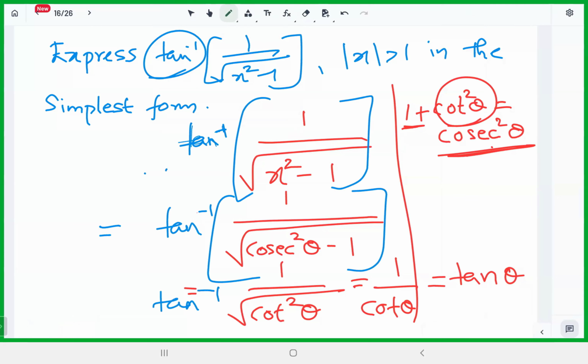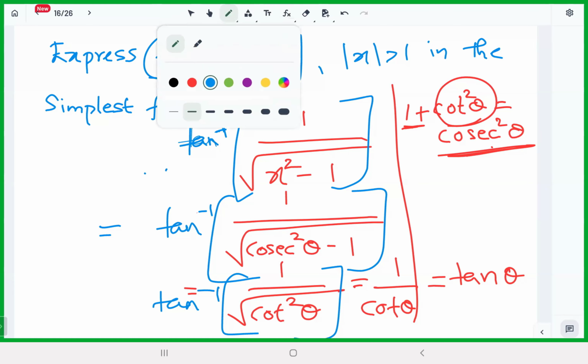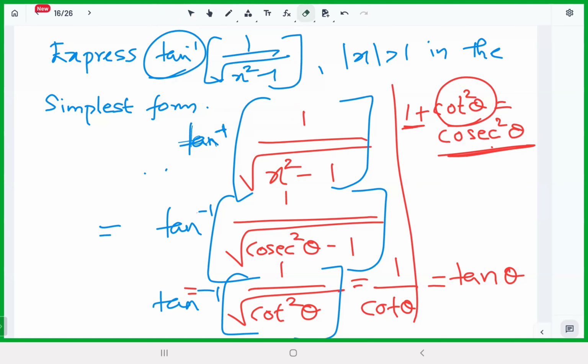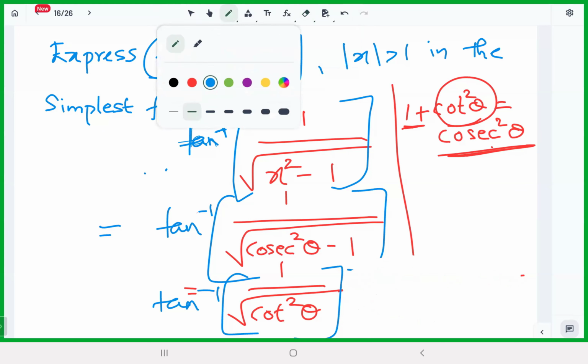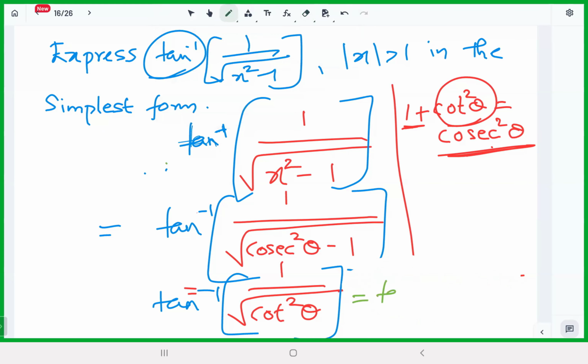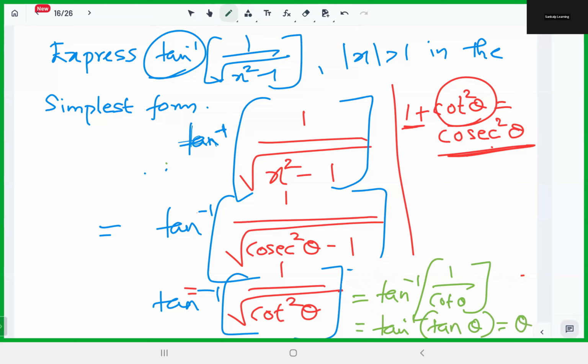So that is equal to tan inverse of 1 by root of cot square theta, that can be written as tan inverse of 1 by cot theta. So this is nothing but tan inverse of tan theta. We know the property. Tan inverse of tan theta is equal to theta.